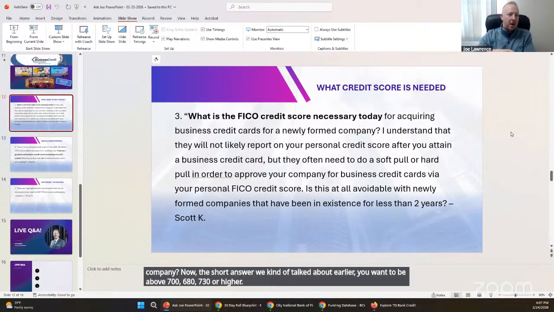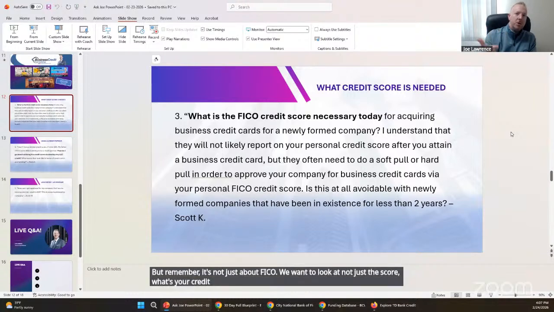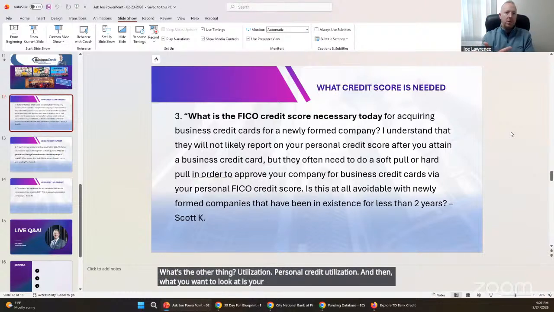But remember, it's not just about FICO. We want to look at your credit utilization, what's your age on your personal credit profile, and your personal credit utilization. And then you want to look at your business credit score. Do you have at least one trade line on Experian, Equifax, Dun & Bradstreet?